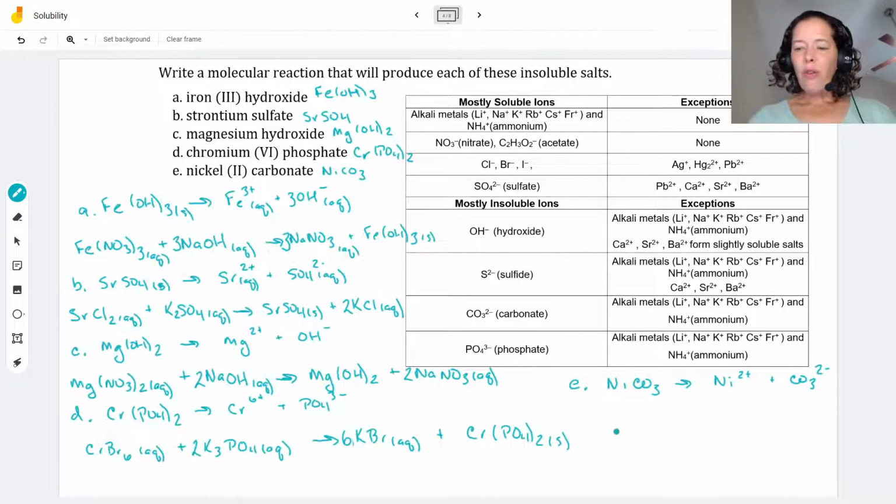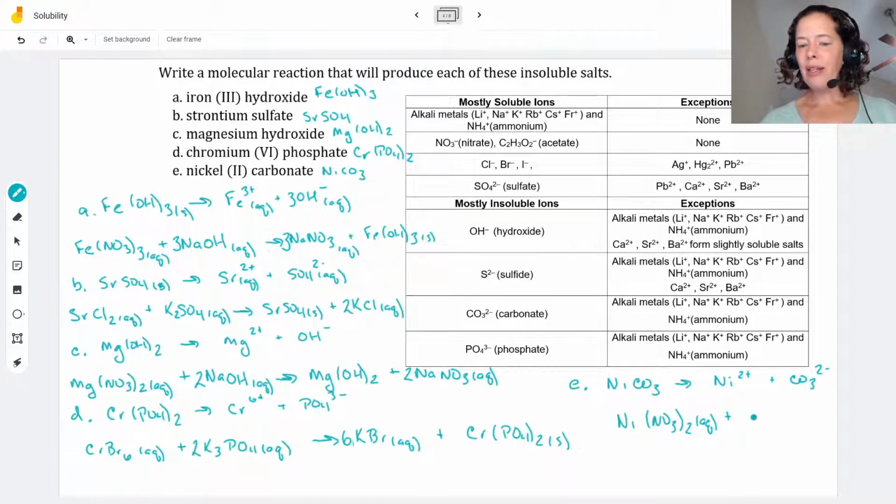So for my nickel cation, why don't we go back to nitrate? We'll just use a lot of N's. So nickel nitrate, nice and soluble. And then for my carbonate, let's see, we'll go lithium, why not? So lithium carbonate, and that is soluble.